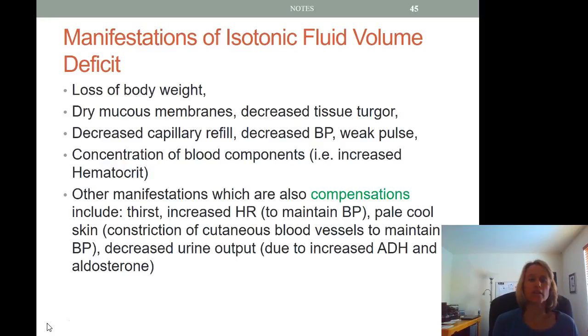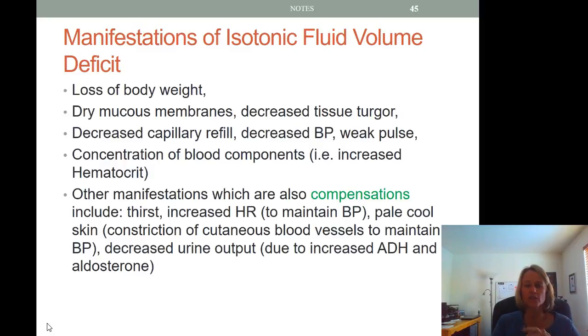Manifestations of the isotonic fluid volume deficit include a loss of body weight. We would see dry mucous membranes, decreased skin turgor, so when we pull up on the skin it kind of tenses and rather than goes back. A decreased capillary refill, a decreased blood pressure, and a weak pulse because the blood pressure is low.